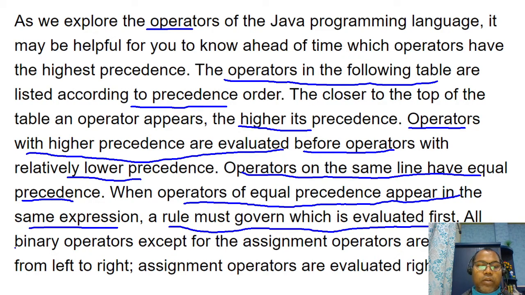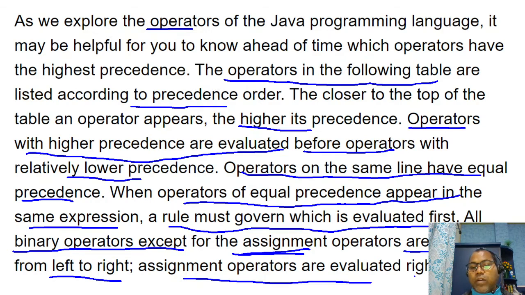In the case of binary operators, all except assignment operators are evaluated from left to right, and assignment operators are evaluated from right to left. So be clear: the statements are evaluated from left to right, and assignment from right to left.